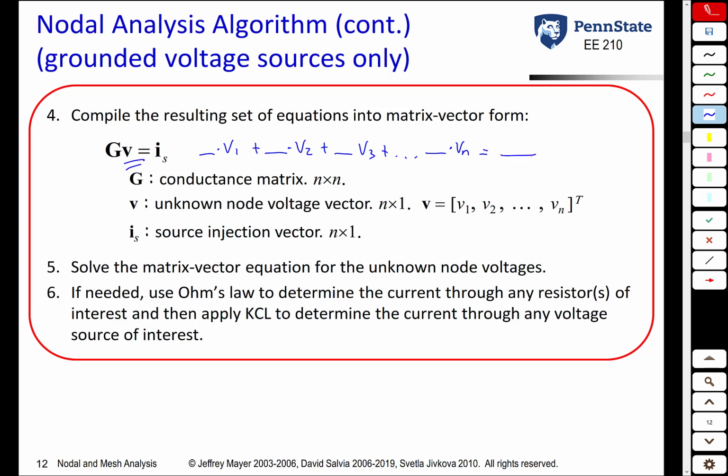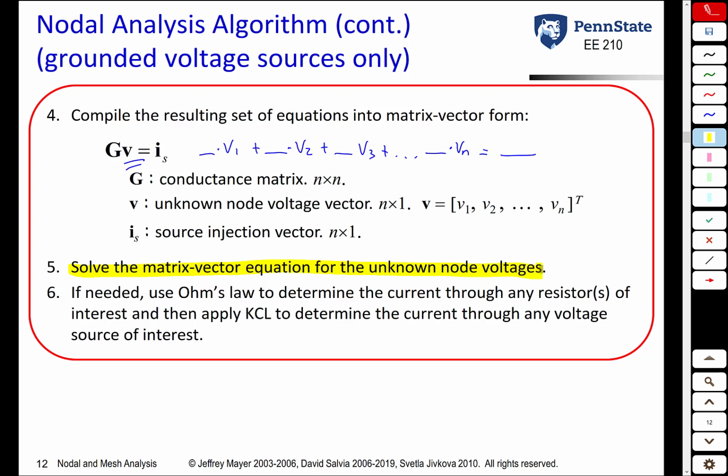So if we have a total of 5 variables, we're going to have 5 equations and 5 unknowns, 3 equations and 3 unknowns, 2 equations and 2 unknowns, etc. Once you set up your system of equations, you want to solve it for the unknown voltages.